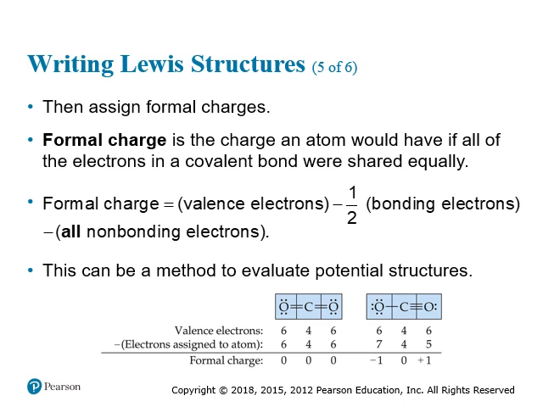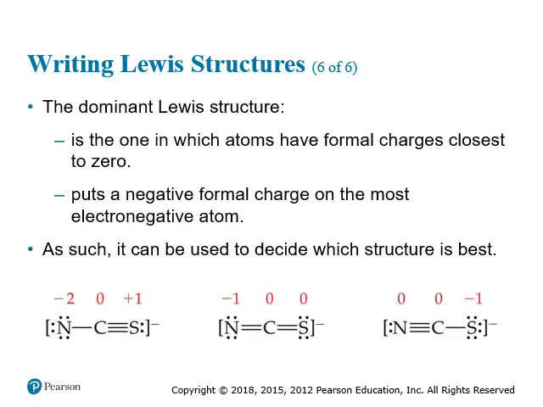So why does this evaluation make one structure more valid than the other? Well, I'll tell you why. The prevalent or the dominant Lewis structure is the one in which atoms have formal charges that have been minimized or as close to 0 as possible.